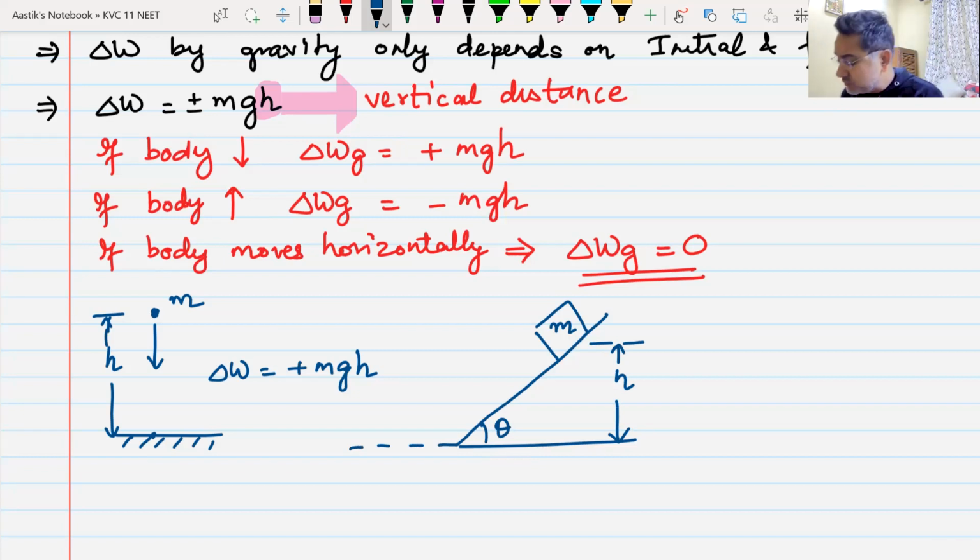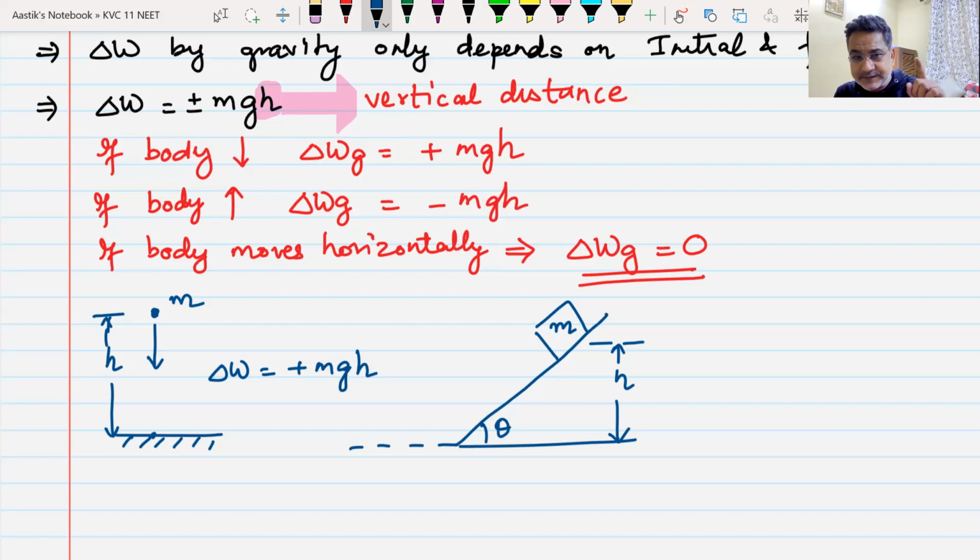Here also, in the first case, the body is moving vertically downwards. In the second case, the body is moving like this. But it doesn't matter. The work done by gravity is always mgh. If the body is moving down, it is plus mgh. If the body is moving upward, it is minus mgh. Do we understand this? Yes or no?